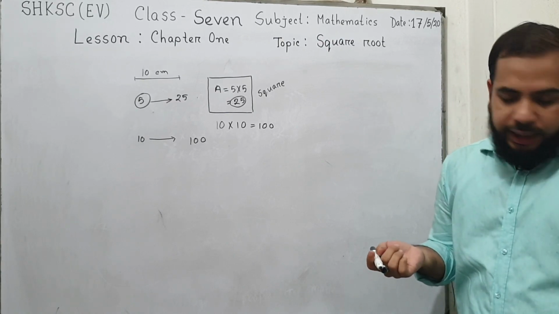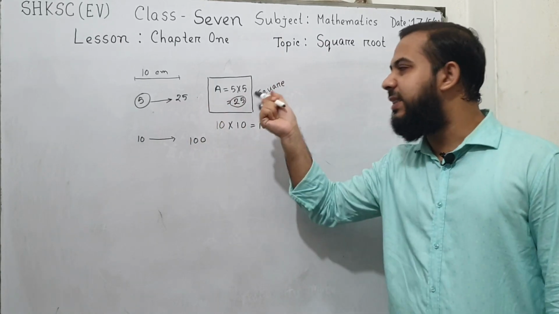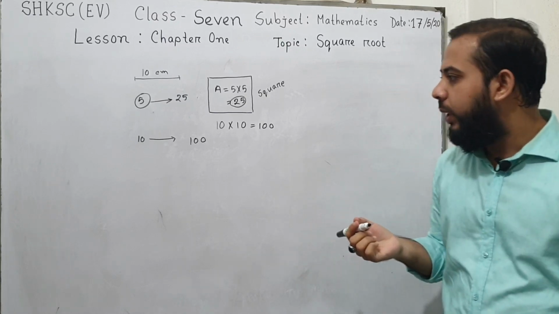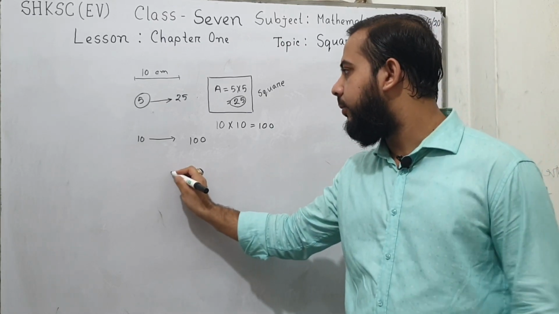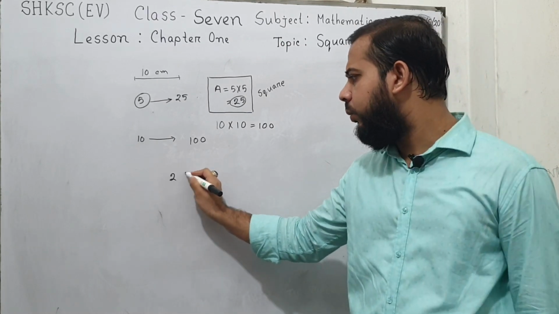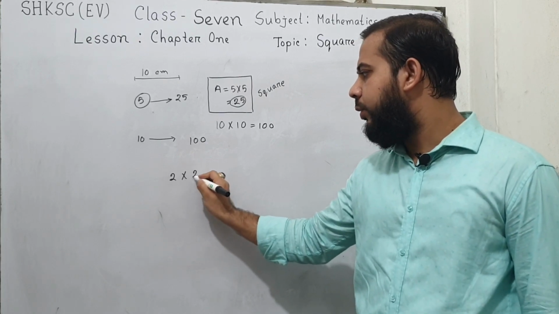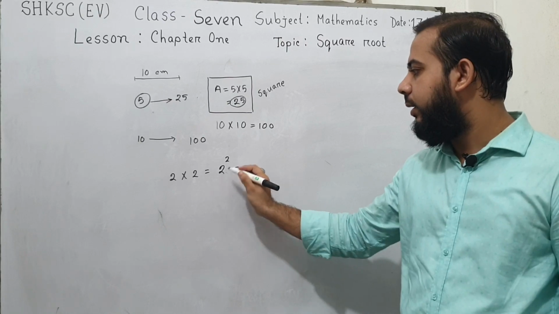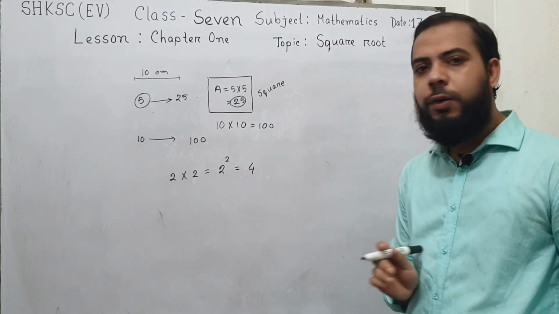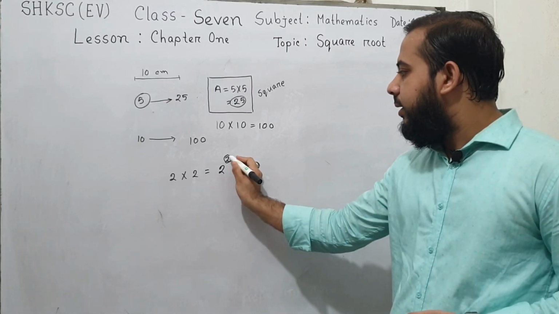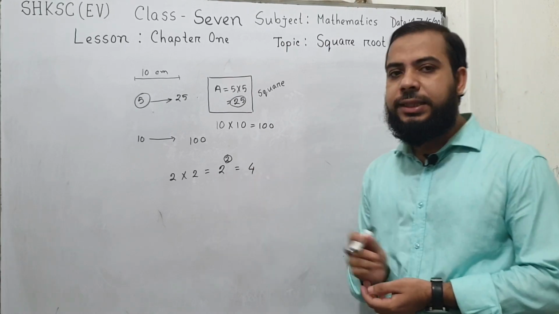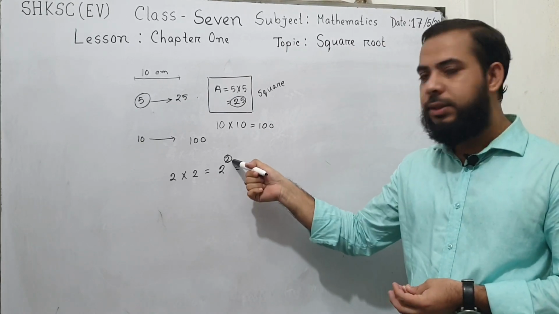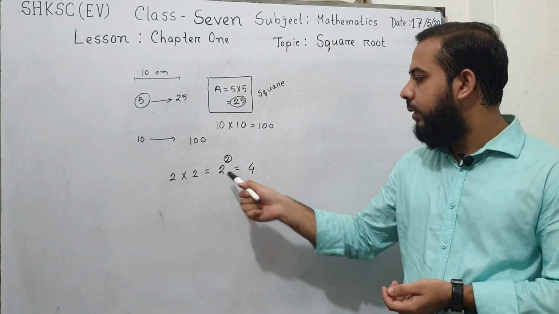If a number is multiplied by itself, it is called the square. We can write like this, say number is 2 and the square is 2 times 2. So we can also write 2 square, and 2 times 2 is equal to 4. This is called the index or the power of this number.